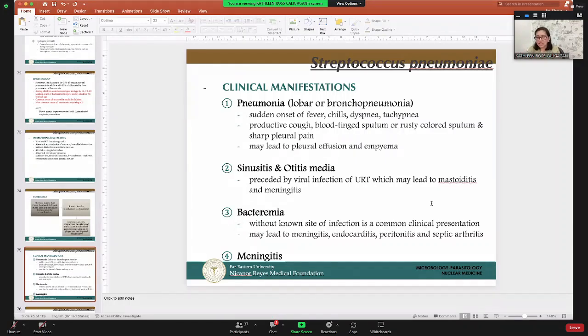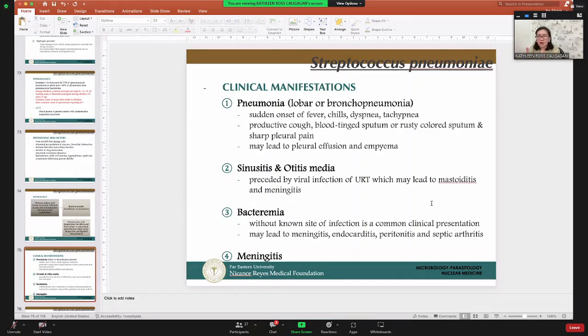So that's number 1, pneumonia. Number 2, sinusitis or otitis media, which is usually preceded by a viral infection, and may have sequelae leading to mastoiditis or meningitis.